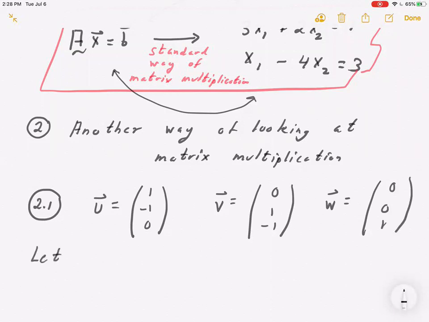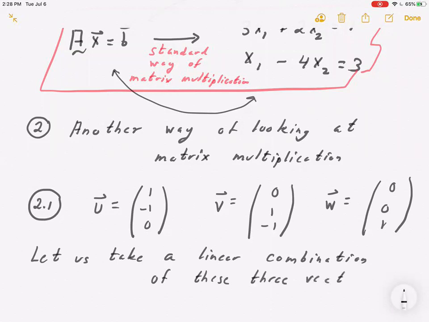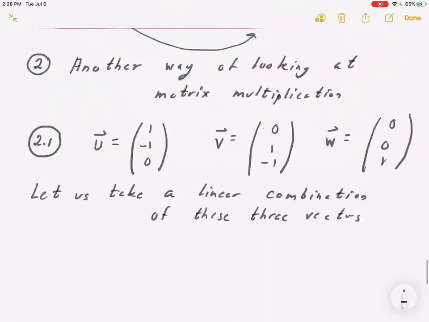So let us take a linear combination of these 3 vectors. We'll do that in equation 2.2.